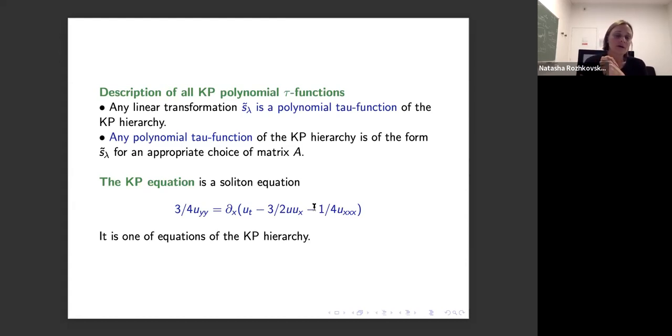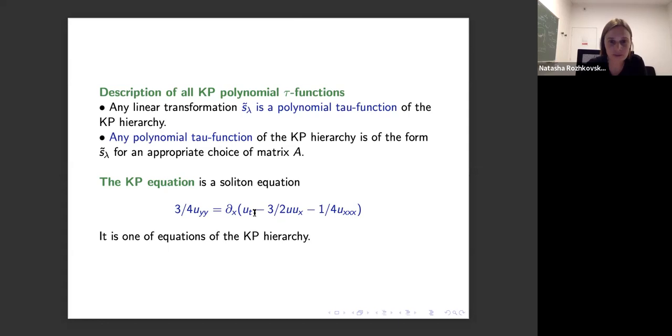And the KP equation, so that's why these equations were of great interest for mathematicians. It turns out that the KP equation is not just an equation on its own, but it is part of a long, countable list of equations which are compatible, and they create the KP hierarchy.